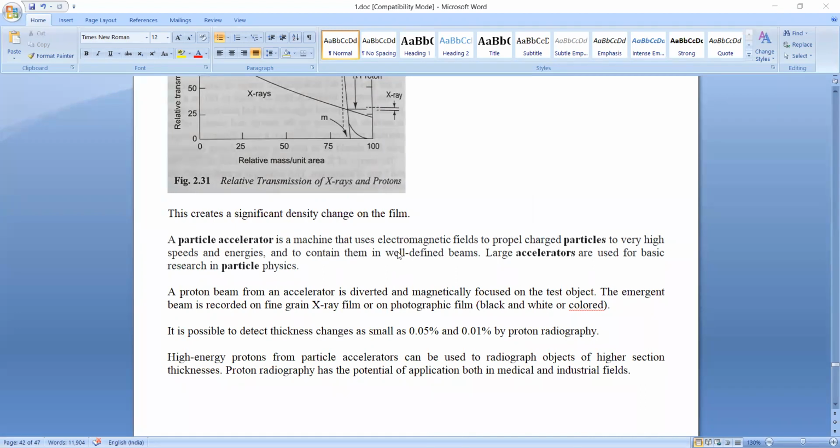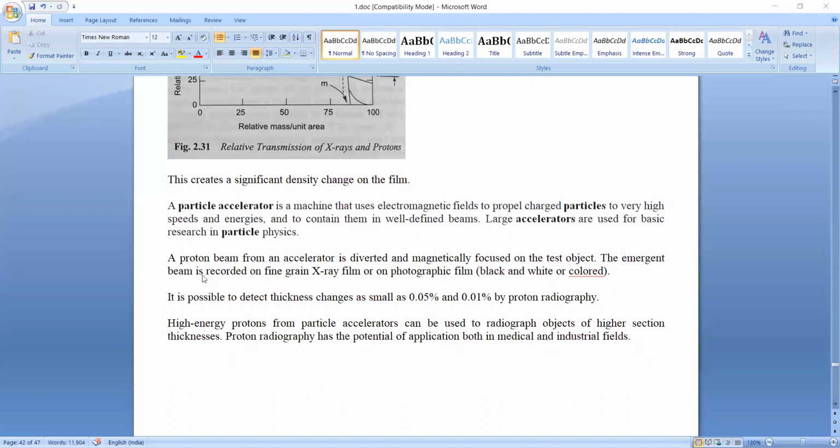Here, what are the particles? Protons. So these high speed and high energy particles penetrate the object. After that we get a picture overview of that object on the film. Large accelerators are used for basic research in particle physics, but that's a different thing.